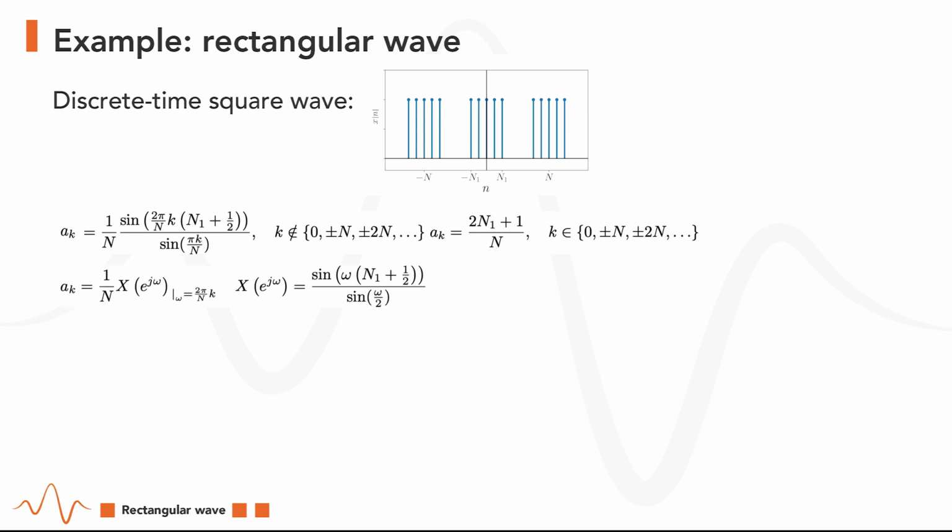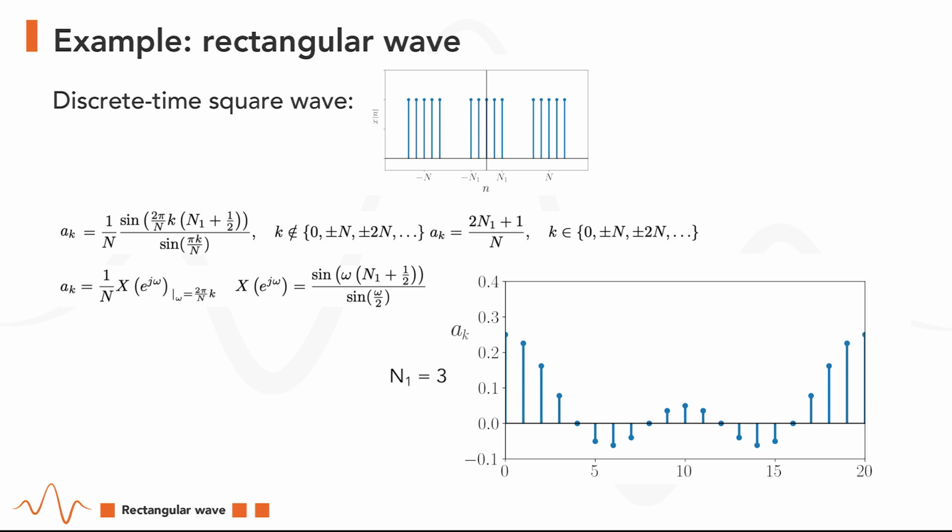We now note that we can write the coefficients as samples of a function that we call capital X. This function, capital X, which is the sine of omega times (capital N1 plus 1/2) over sine of omega over 2, depends on omega, and the Fourier coefficients ak are obtained by replacing omega by 2 pi over capital N times k, in other words, by sampling this function X and dividing by the period capital N.